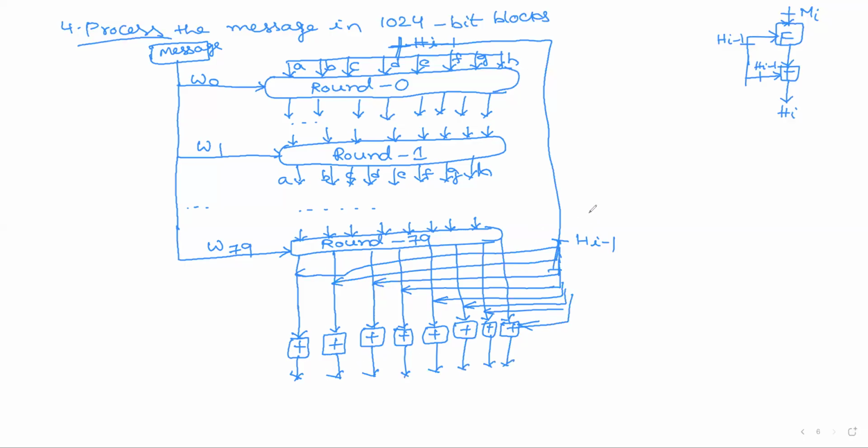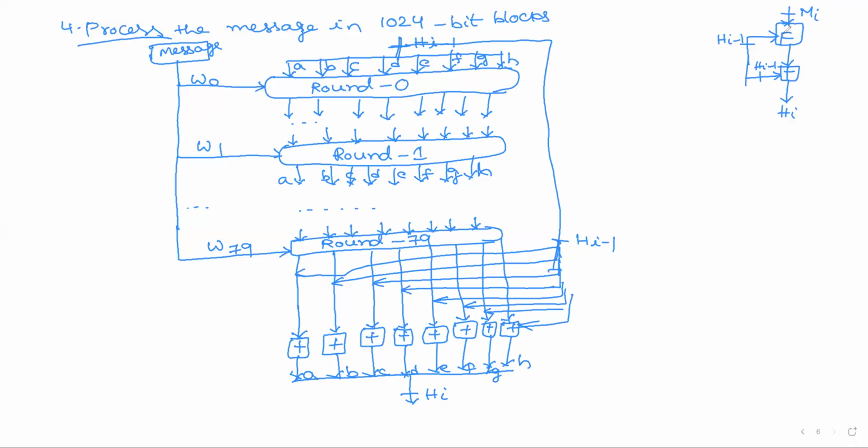After performing this operation, these results are stored again in those buffers up to H. So these buffer values are giving Hi, the hash code. This is also some idea for you.